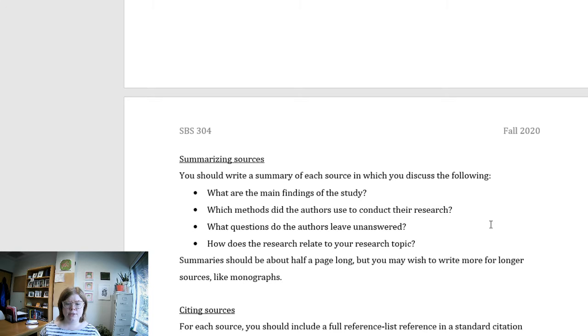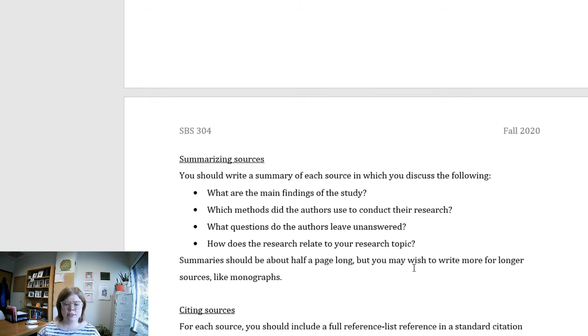And how does this research relate to your research topic? So I want every article or book or chapter that you choose to be related to your research topic. It can be related kind of loosely, but I need you to have an idea of why it's important for your research. Otherwise, there's no point in including it.